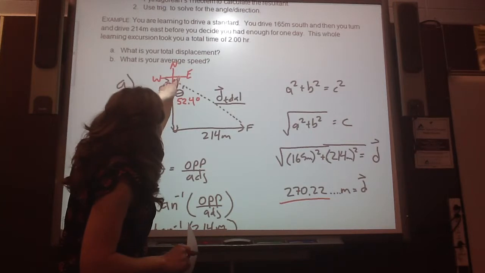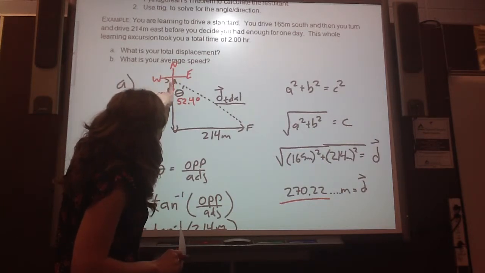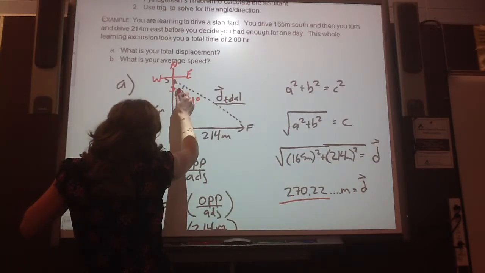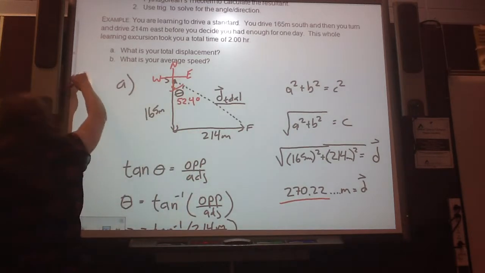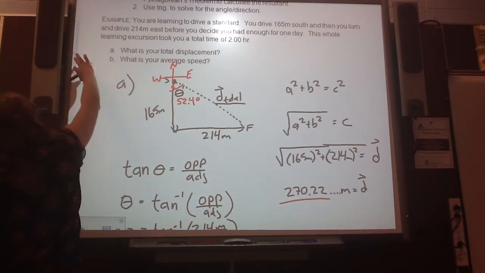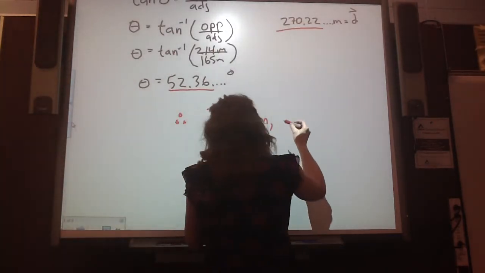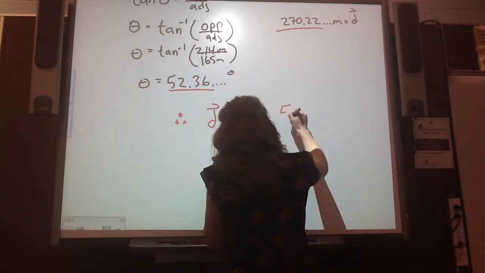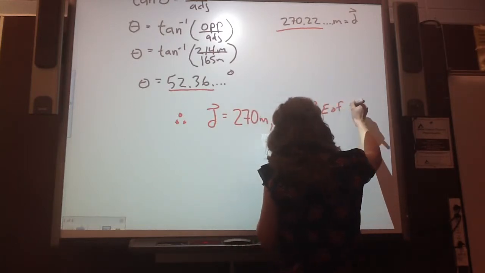So it has gone 52.4 degrees east of south. So if I look here, say I started at south and I went 52.4 degrees, I went east. So I say in my answer, 270 meters, and then put a comma and say 52.4 degrees east of south.